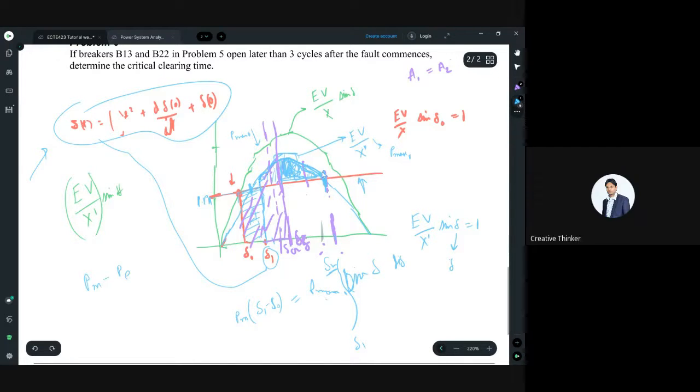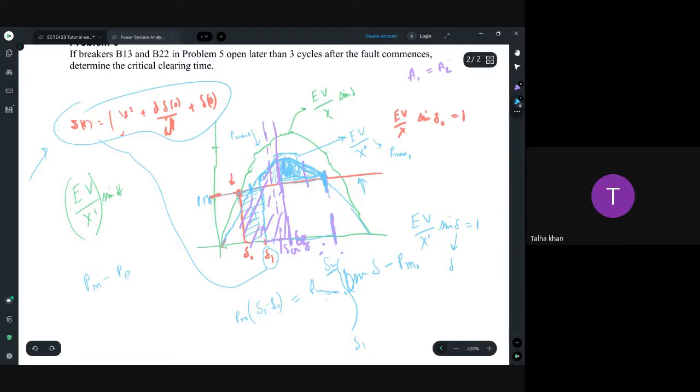Yes, sir. This area. Actually, one thing I told wrong. From this area you have to subtract the mechanical area Pm. You have to subtract this one also.